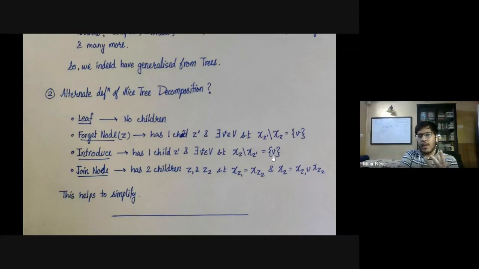As opposed to a separator node where you could lose many vertices, a forget node loses one vertex. An introduce node does the opposite. It adds one vertex. And a join node is similar to the join node above. The only better thing here is that chi z1 and chi z2, the two children for z, are actually equal. So you are taking an equal set here and an equal set here, and then you are joining. These properties actually help to simplify this tree decomposition process.